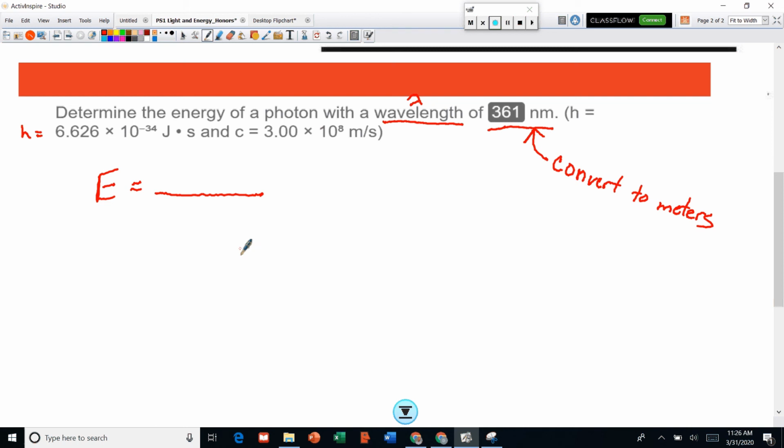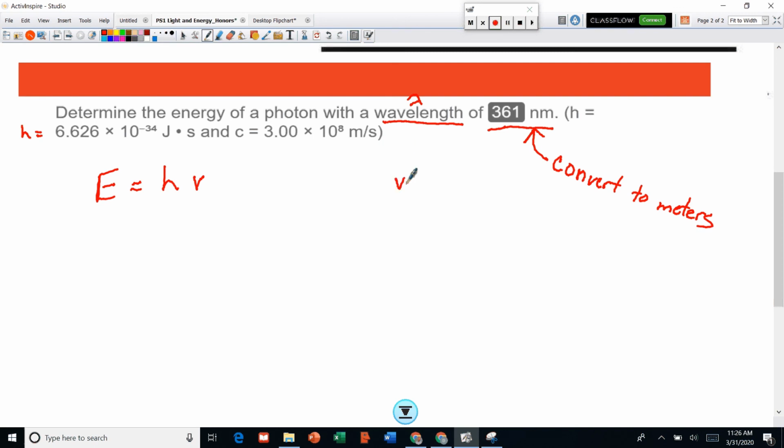but the formula that we are typically given is energy equals Planck's constant times frequency. We don't have frequency, we have wavelength.